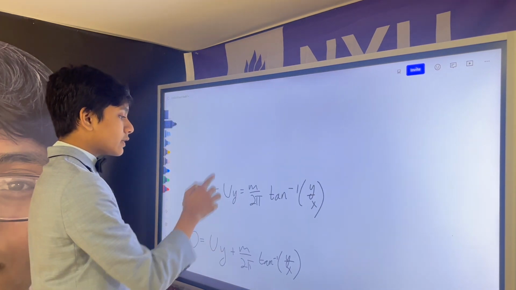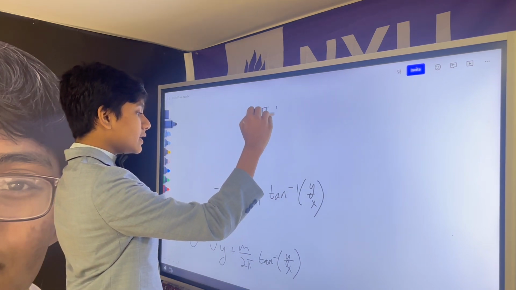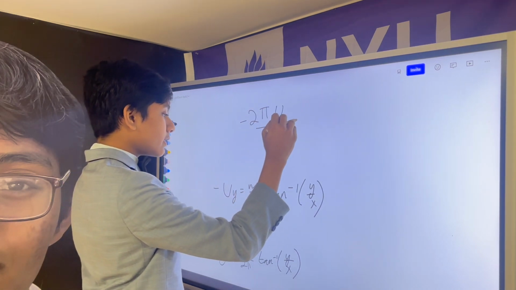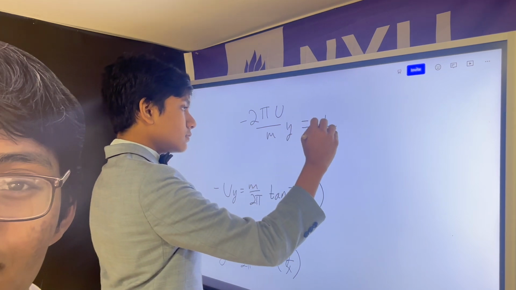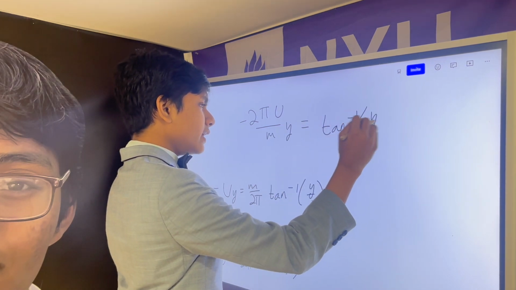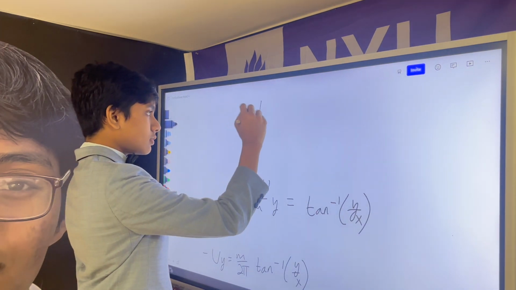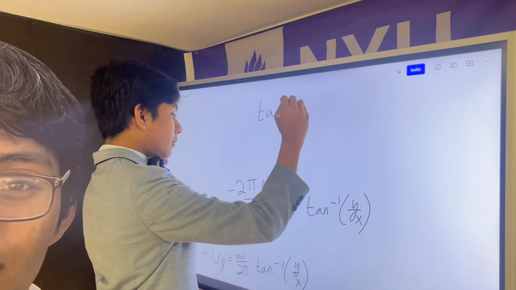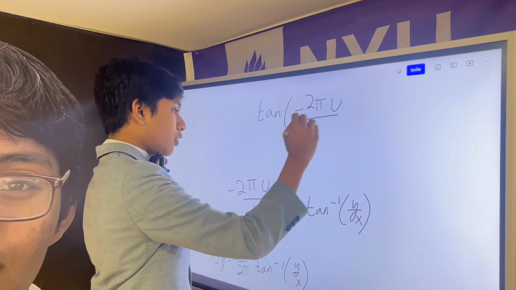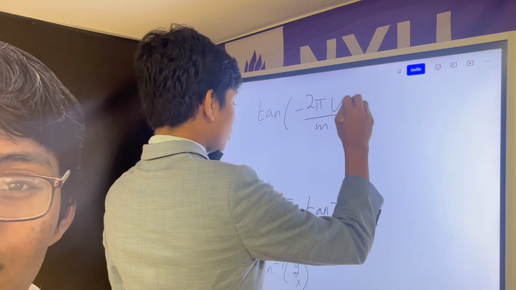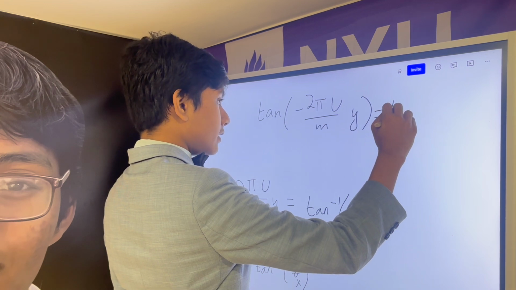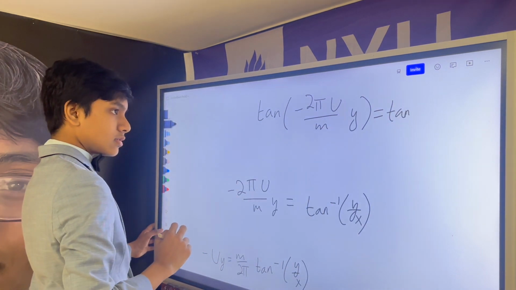Multiply both sides by 2 pi over m, and you get minus 2 pi u over m y is equal to tan inverse y over x. So you get tan of minus 2 pi u over m y is equal to tan, oh sorry, not, please don't.